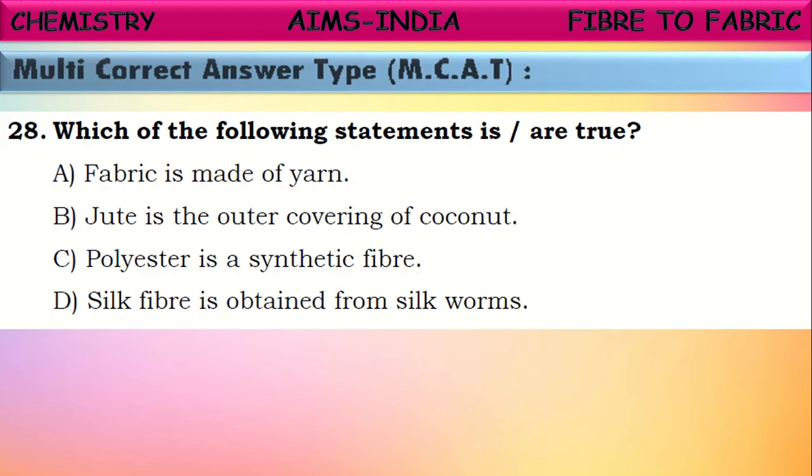See the first one. Which of the following statements are true? What statement is that? Fabric is made up of yarn. Is it correct? Yes. So the fiber collected from the sources is converted first into yarn by the process called spinning.